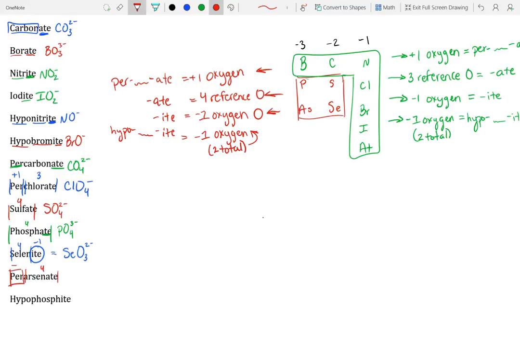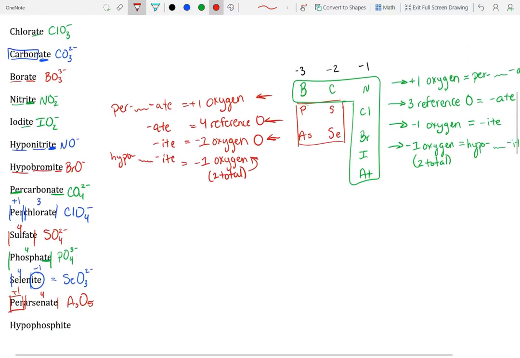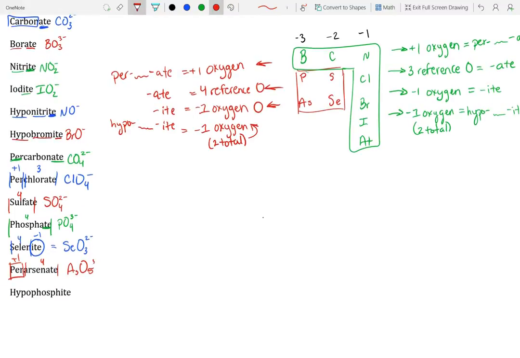The per means to add an oxygen, so we should have AS, 4 plus 1 makes 5, so O5. What's the charge? Well, arsenic is located in the -3 column, so it should be AsO5 3 minus. Okay? Let's move on to the next.